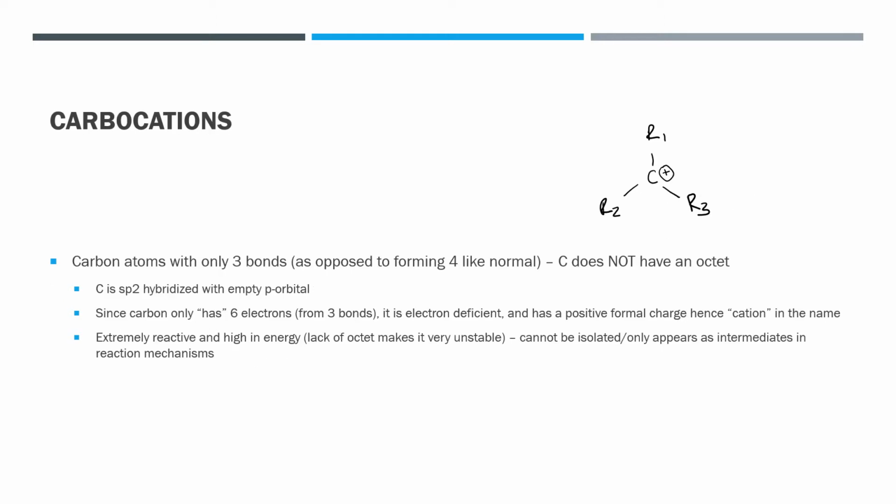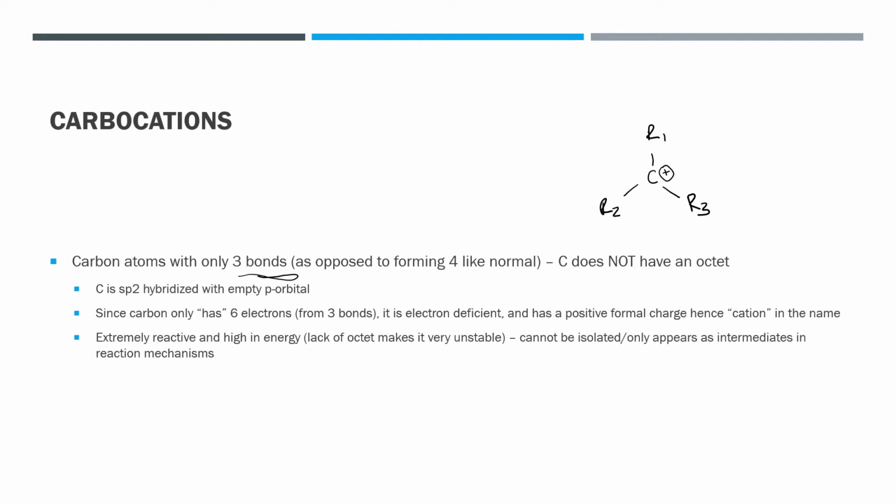Now I want to talk about carbocations. Again, I'm just going to brush on what carbocations are. In another video, I'm going to talk more in depth on carbocations and what influences their stability. What is a carbocation? A carbocation is just a carbon atom with only 3 bonds, as opposed to forming 4 bonds like normal. Carbon usually likes to form 4 bonds.